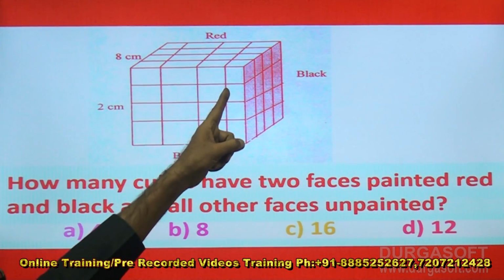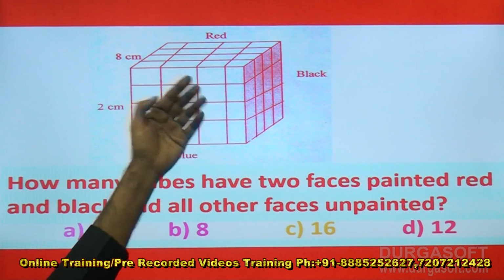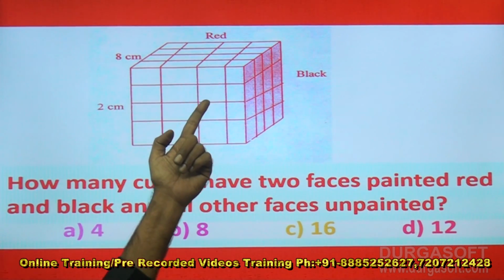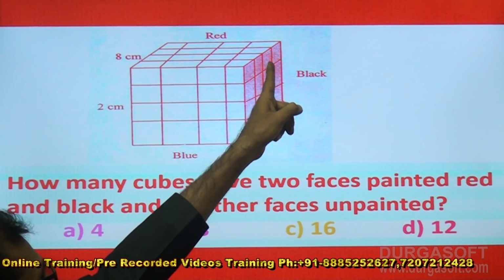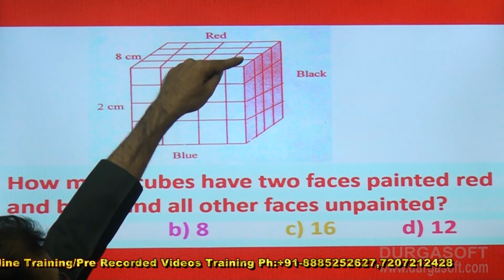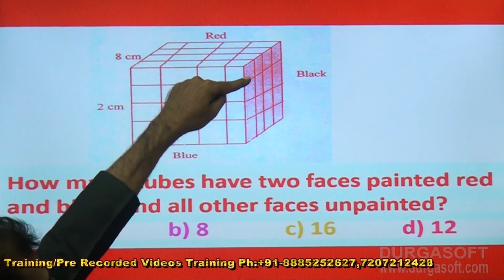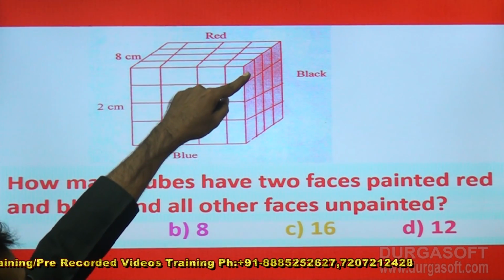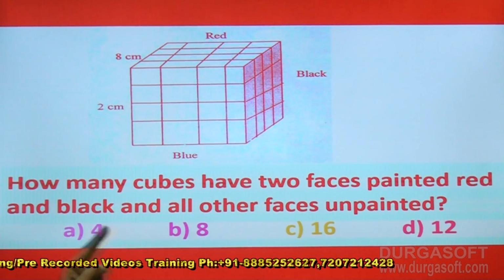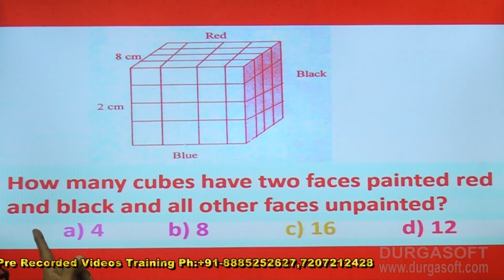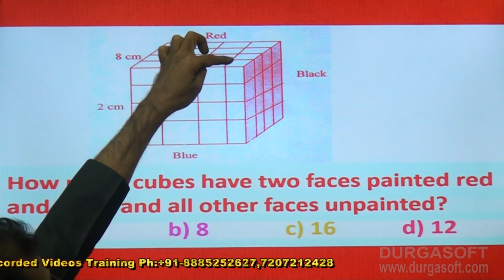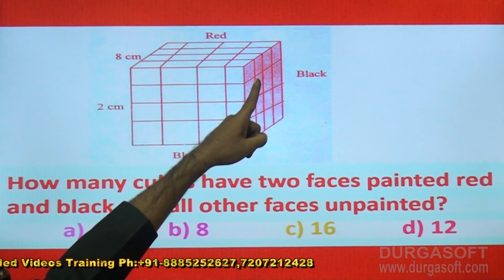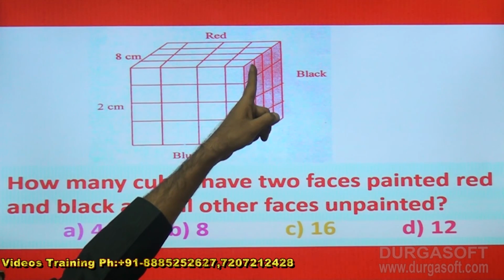Now observing this corner cube, the front view is painted with blue, that's why we cannot take it. Now if we take these two cubes, the top is painted with red and this right view is painted with black. We require the same thing: two faces, one by red, the other by black. So this is the cube painted red at the top and the right view painted by black. This is the cube which we require.